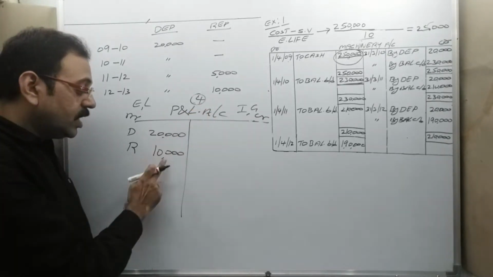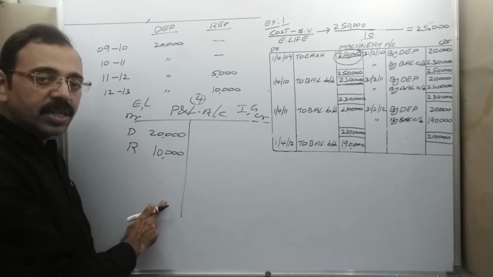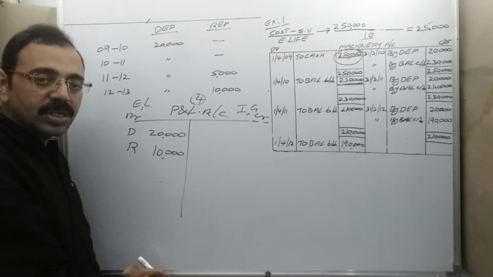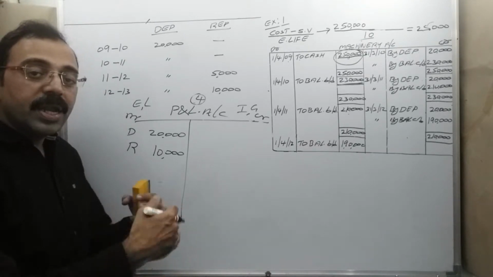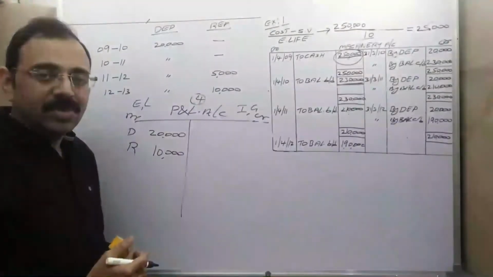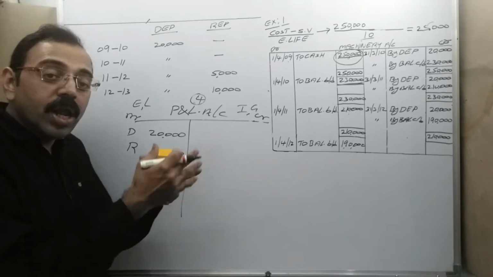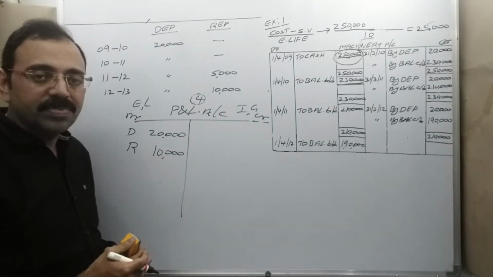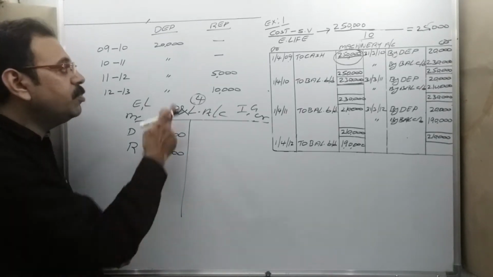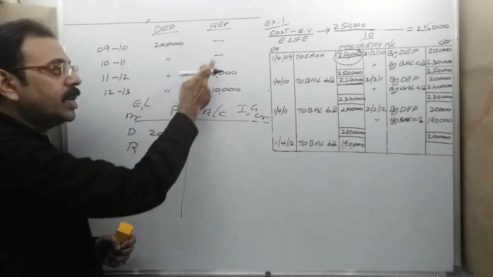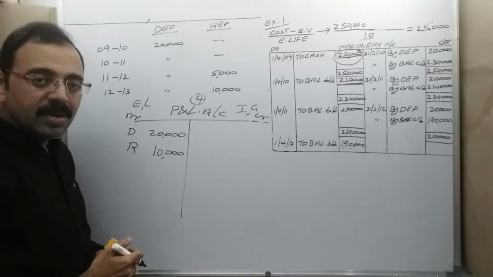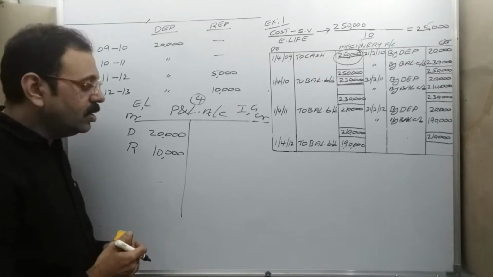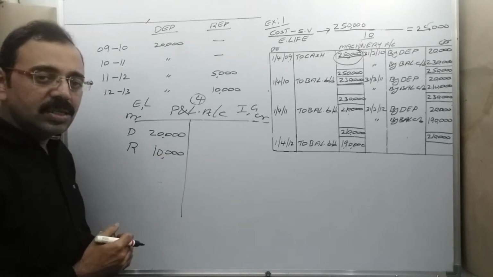Fifth year, 35,000, 40,000, 50,000. So year by year, burden on P&L account is increasing. You are charging more and more amount to P&L account because every year depreciation amount is same, but repair expenditure is increasing.